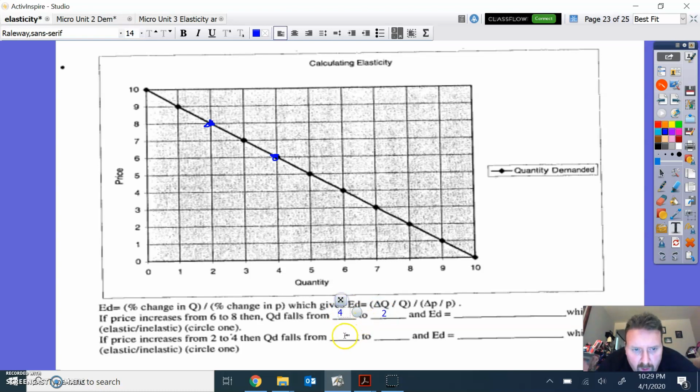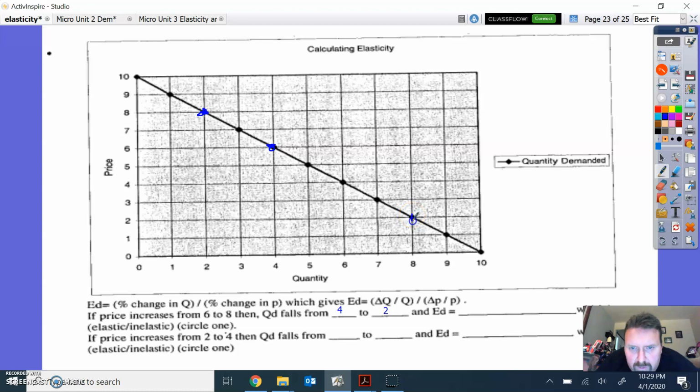Right? And if price goes from 2, let's use a different color here. Price goes from 2, it's down here. I wanted red. 2 to 4, right?